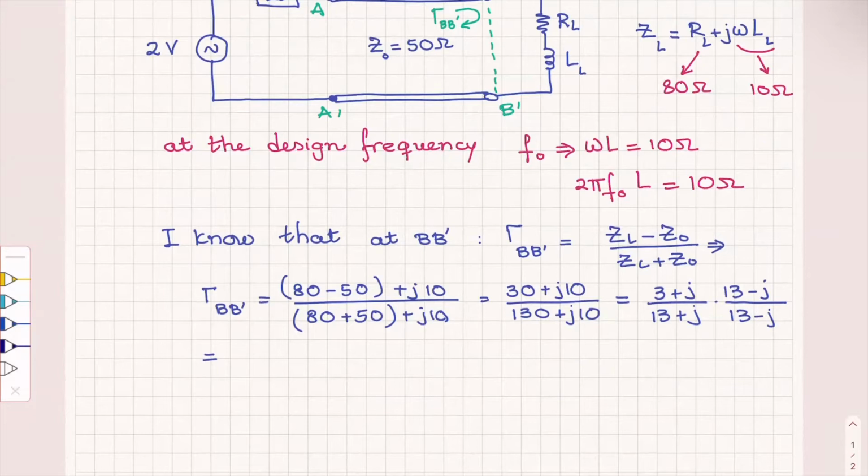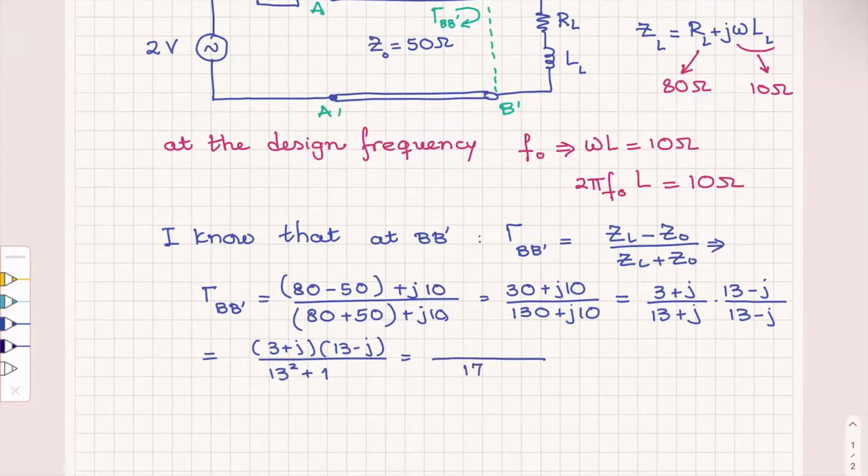What does this give me? 3 plus J times 13 minus J. And in the denominator 13 to the second power plus 1, which is 169 plus 1, 170. In the numerator, 3 times 13 plus 1, and then plus J13 minus 3 plus J10, which gives us 39 plus 1, 40, plus J10 divided by 170.